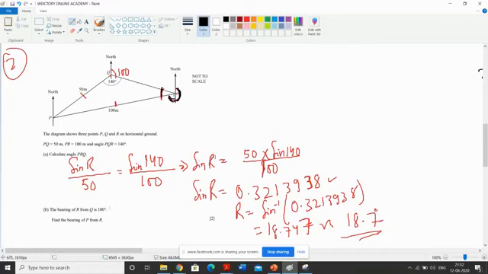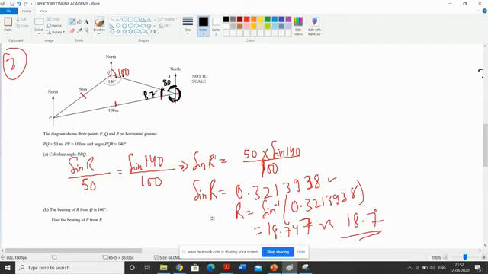If this is 100, we can find this particular angle because these are parallel lines. Using the concept of parallel lines, the sum of the angles has to be 180. If this is 100, this will be 80. So this is 80 and this particular angle is 18.7.